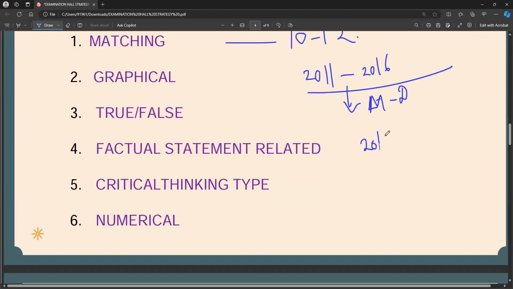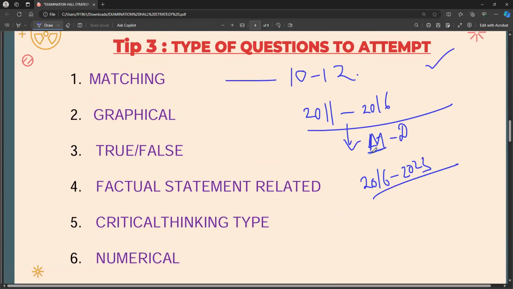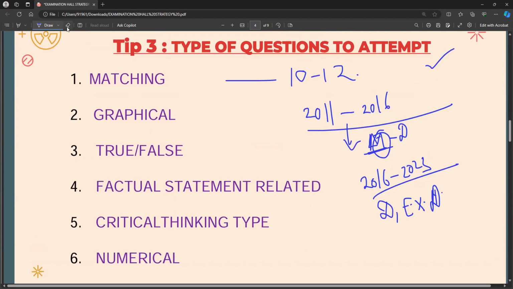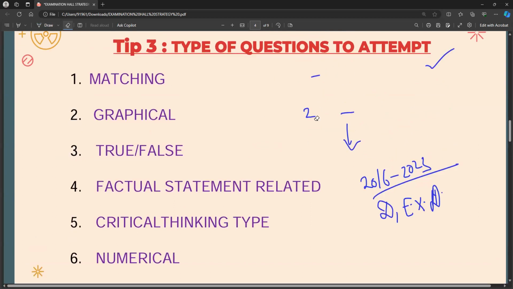But if you look at 2016 to 2023, we are missing the word medium. Here it is becoming difficult, extra difficult level. Hence, it is very important that you choose your questions very correctly.